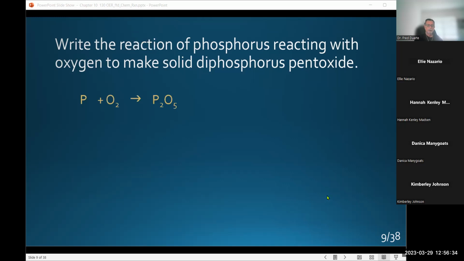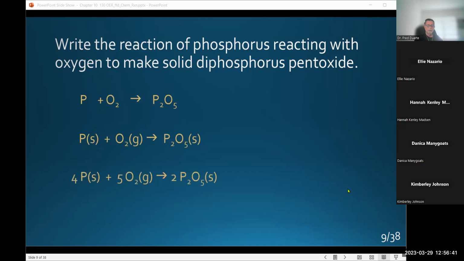Okay, so here's the formula. There are the physical states, and then we balance it out. So it's a 4 to 5 ratio between reactants of phosphorus and oxygen.